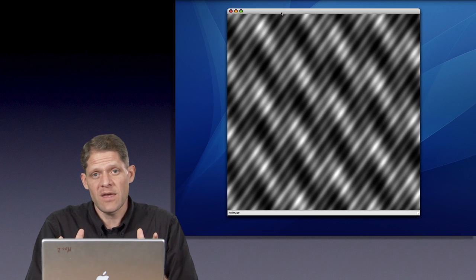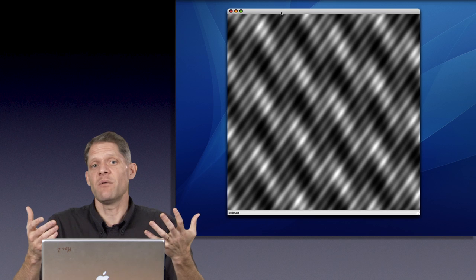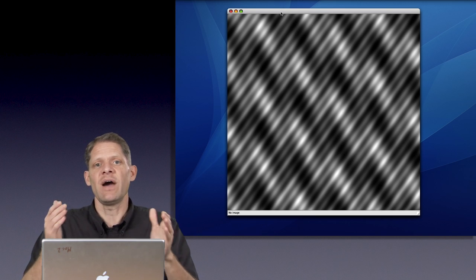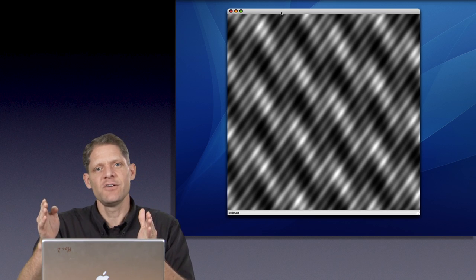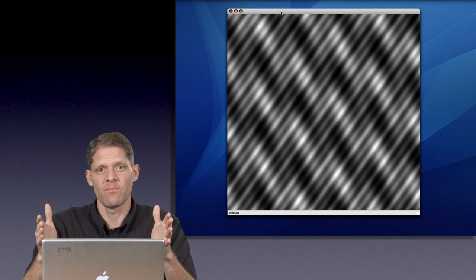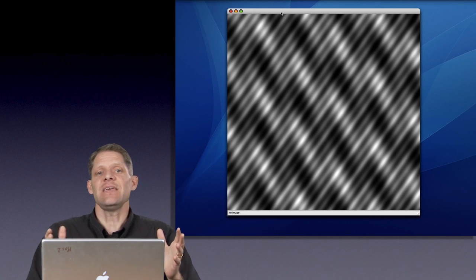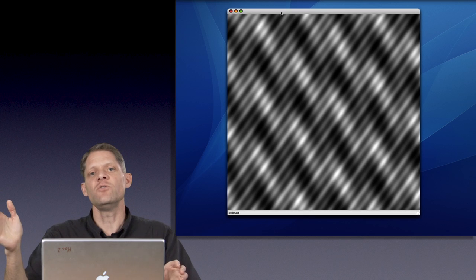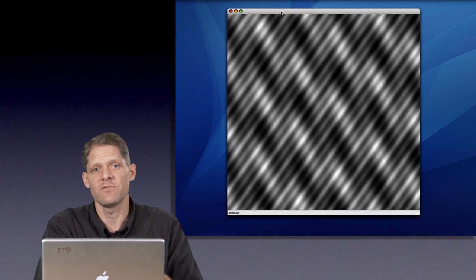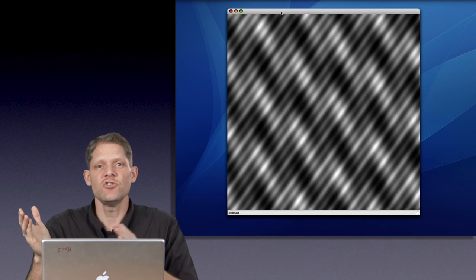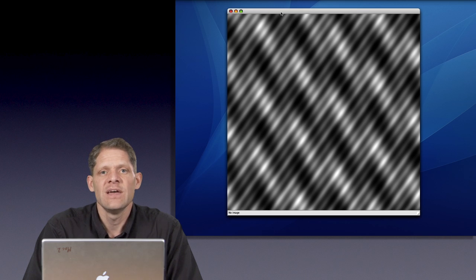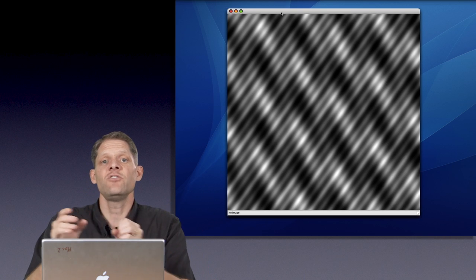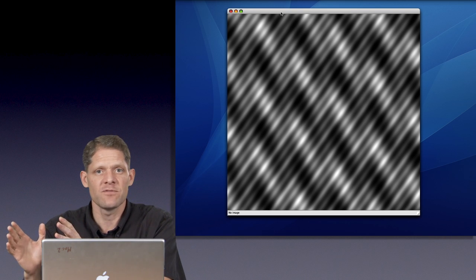So what you can see is that we can build up a complicated image by adding together many two-dimensional sine waves. And in fact, any image at all can be decomposed into its component sine waves. And this is a two-dimensional Fourier transform, to decompose an image into its component sine waves.